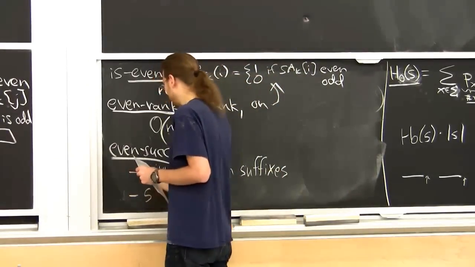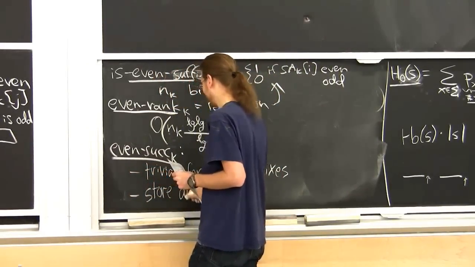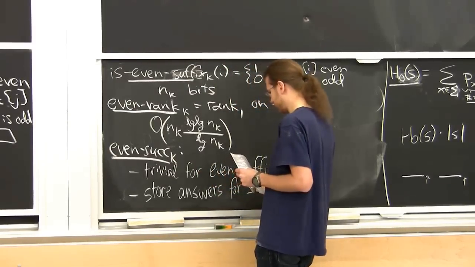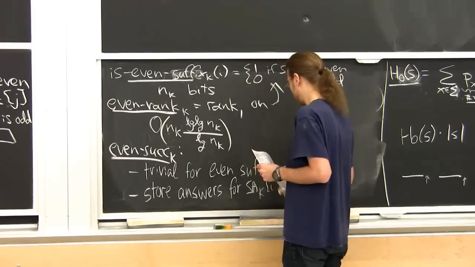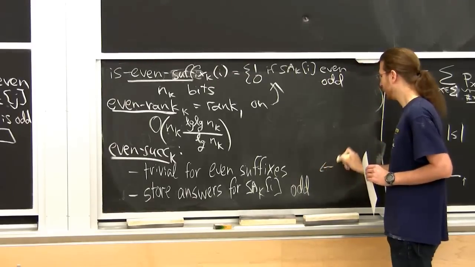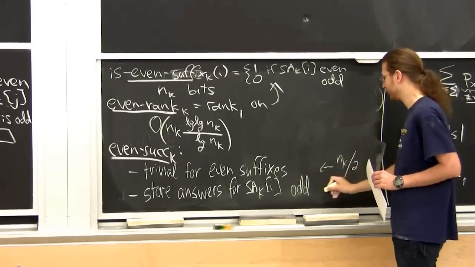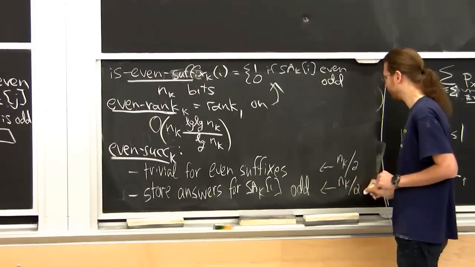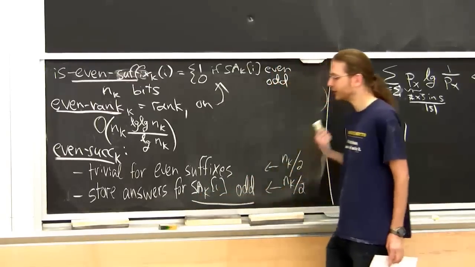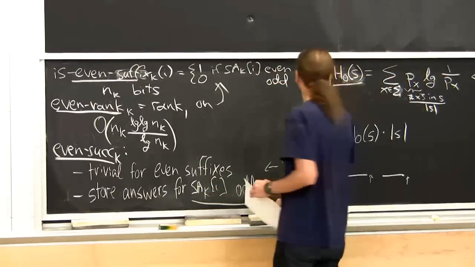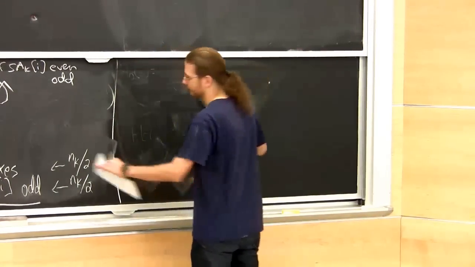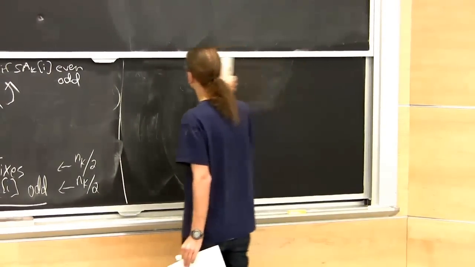We're going to store them in a weird way, as we will see. So that's the odd suffixes. There are n_k over 2 evens, and there are n_k over 2 odds. So we've just saved a factor of 2. This wasn't a very deep observation. But it turns out if you focus in on the odd ones, there's a nice little structure to them. This step isn't really necessary, but saves a factor of 2.